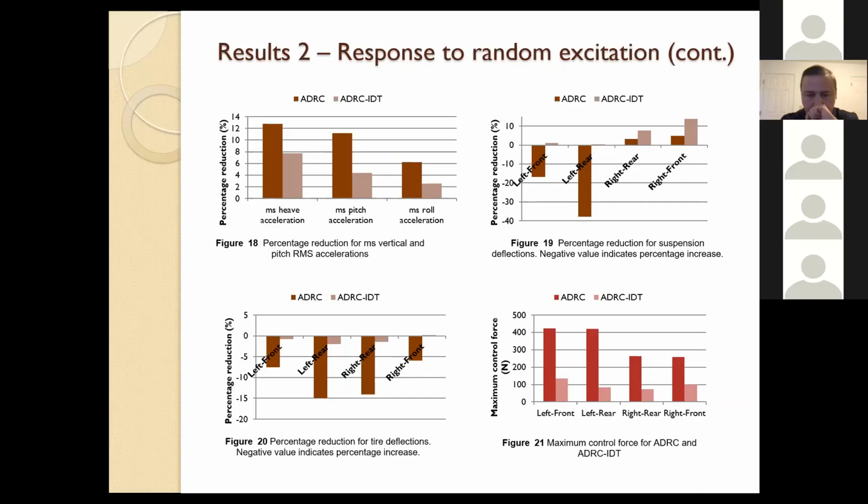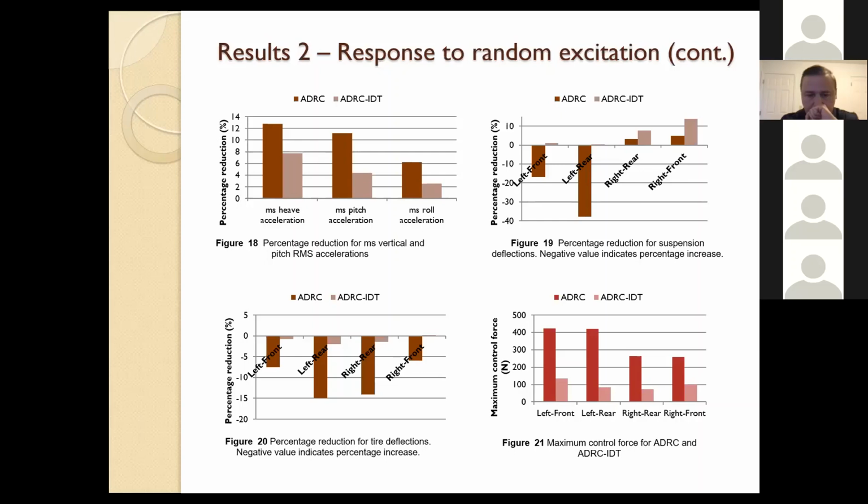But at the same time, if we look at the different tires, the first couple of figures, figure 18 and figure 20, will give a kind of an overall.